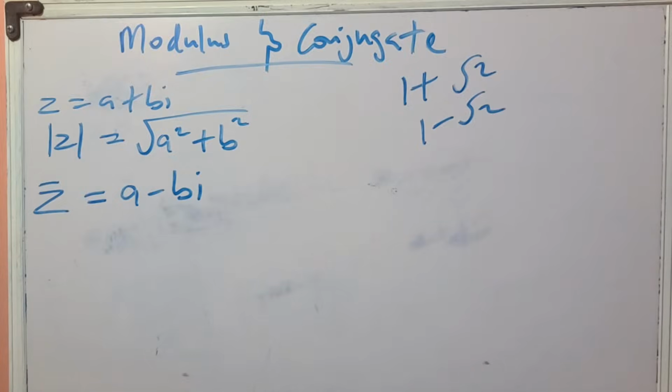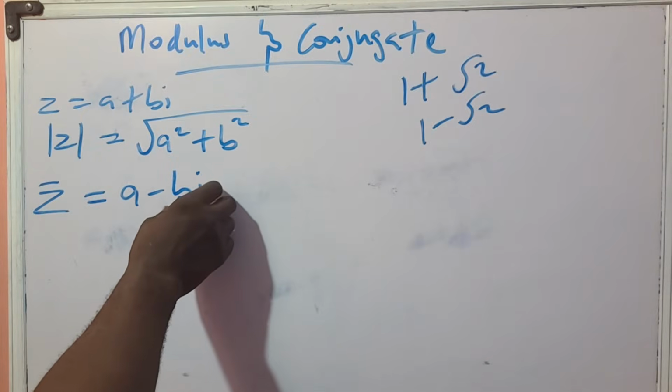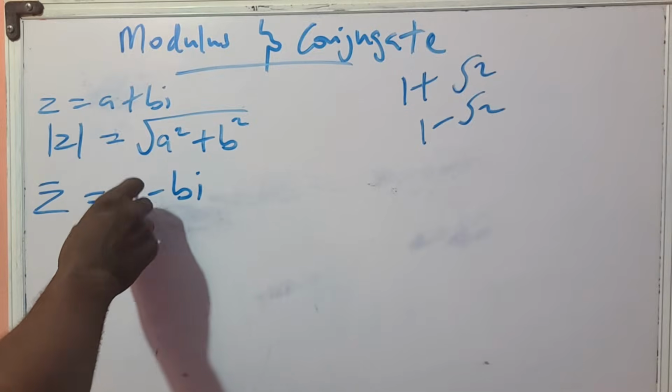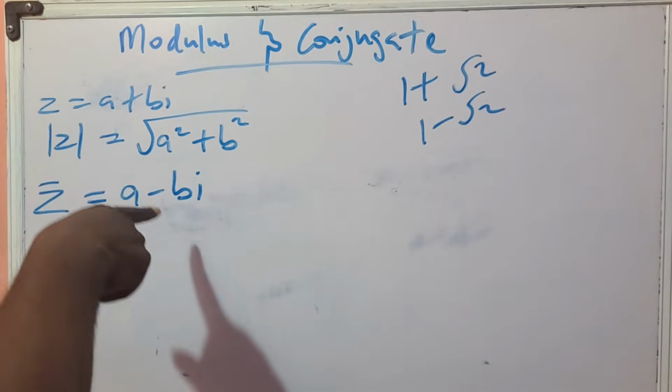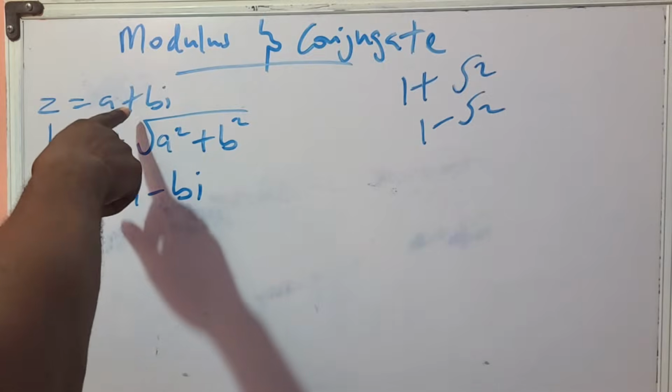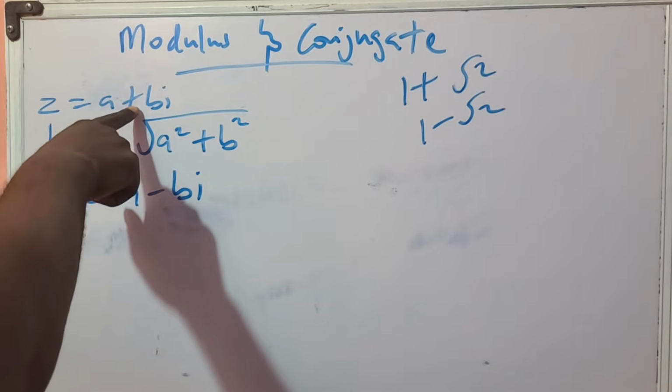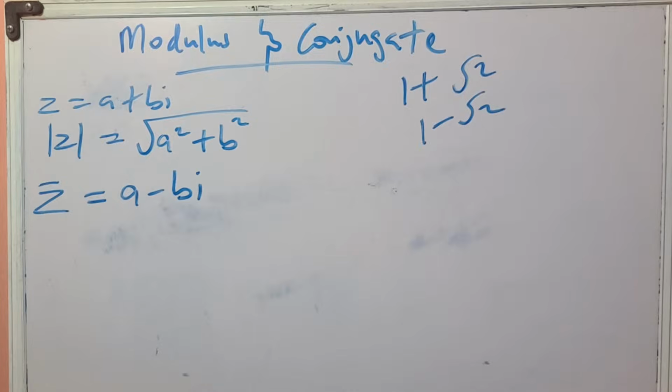So don't change the sign of the real part, all right? Sometimes you may be tricked and they would bring the imaginary part to the left and the real part to the right, to really try to understand if you really understand what you're doing. So make sure that you are paying attention to the sign you are changing. It's always the imaginary part you change the sign of.